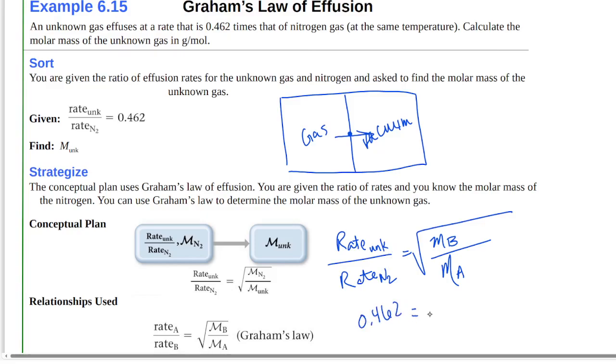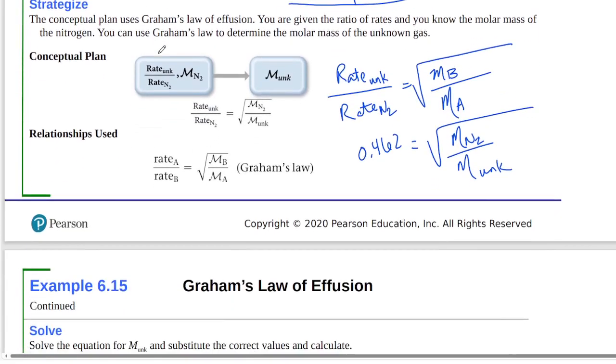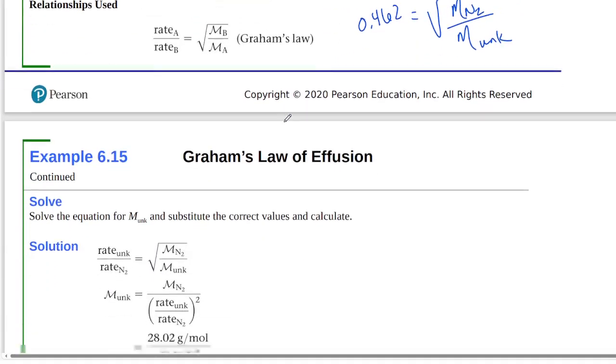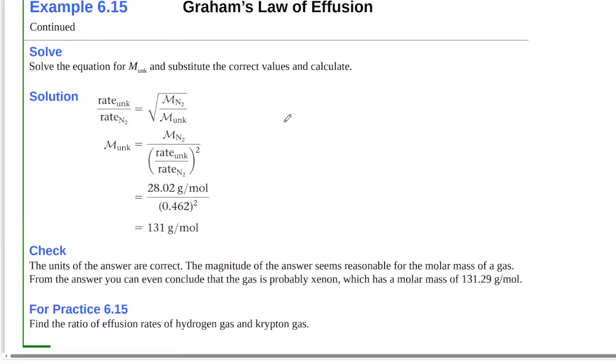So 0.462 is equal to the square root of the molar mass of nitrogen to the molar mass of the unknown gas. Okay? And so the question asks us to determine the molar mass of the unknown gas in grams per mole. So we can solve the equation in this way.